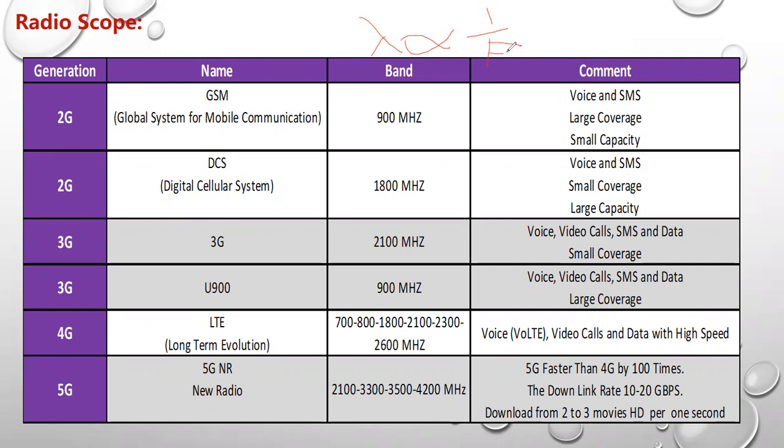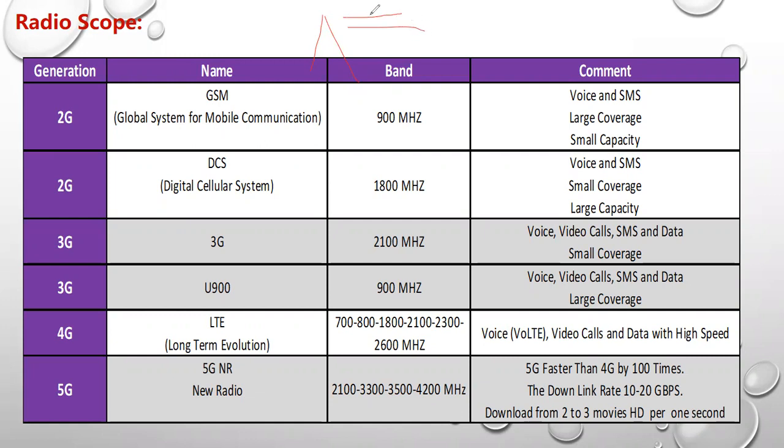So why here is there a large coverage? Because it's a small frequency, all right? All right. Now, but let me ask you, let's make another small drawing so we can make things a bit clear.